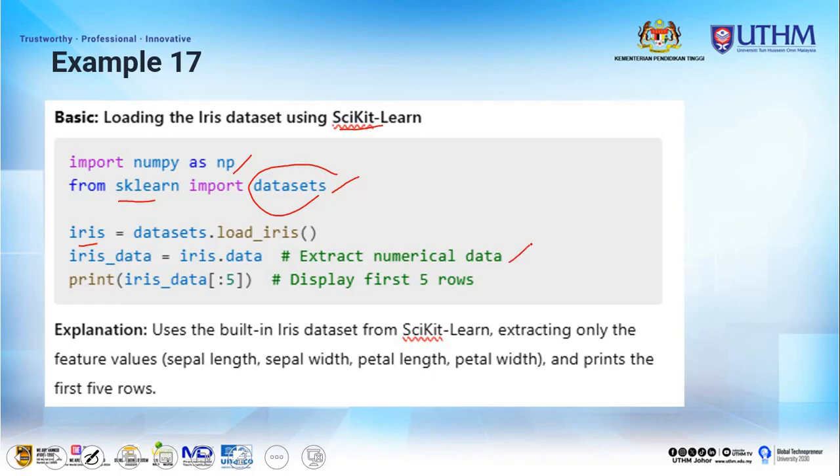Extract the numerical data and display the first 5 rows. You can leave it blank, colon 5, which means first 5 rows. It uses the built-in iris dataset from scikit-learn, extracting only the feature values: sepal length, sepal width, petal length and petal width. Print the first 5 rows. So we already declared to print 5 rows only.